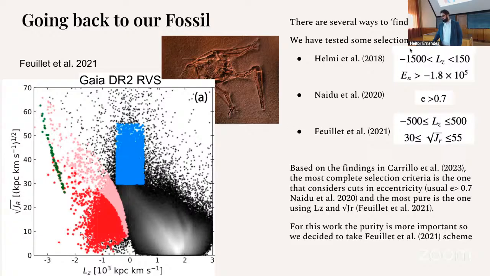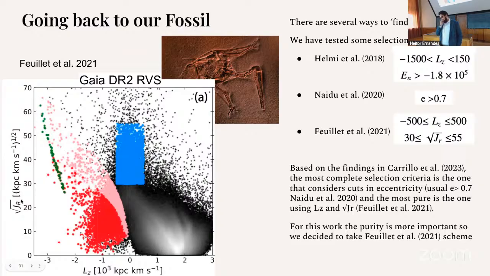So we just cut in the angular momentum and some energy, like the potential energy in the Milky Way, so it depends on the potential that we were adopting for the Milky Way. Then we had Nidever, that's a simple eccentricity cut, quite clean. And we had the Feuillet selection that's in actions.